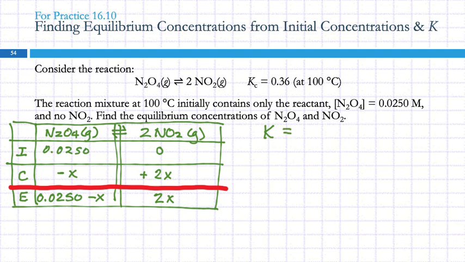The equilibrium constant expression: NO2 squared, divided by N2O4. Plug in the numbers. 0.36. The NO2 is 2X, and that's going to be squared.